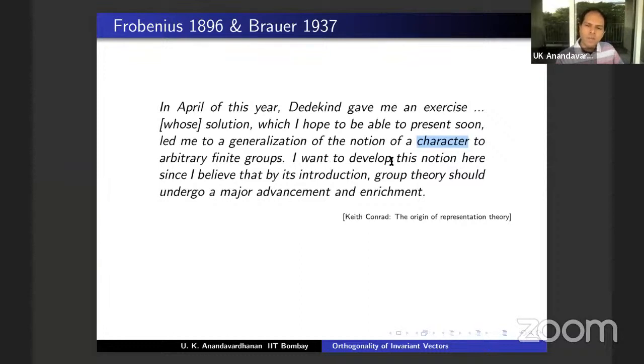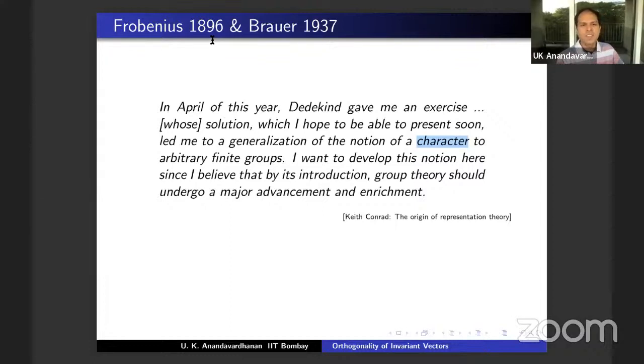And I want to develop this notion. So this is going to be either a representation, a homomorphism into GL_n(C), or the character of that representation. By generalization, one could take trace of a representation. So character of a representation. So generalization of the notion of a character to arbitrary finite groups. I want to develop this notion here since I believe that by its introduction, group theory should undergo a major advancement and enrichment.